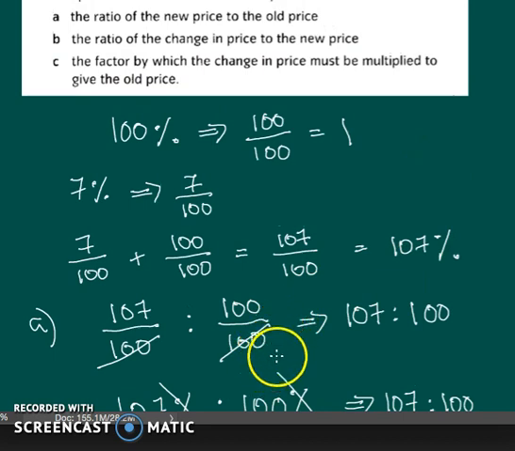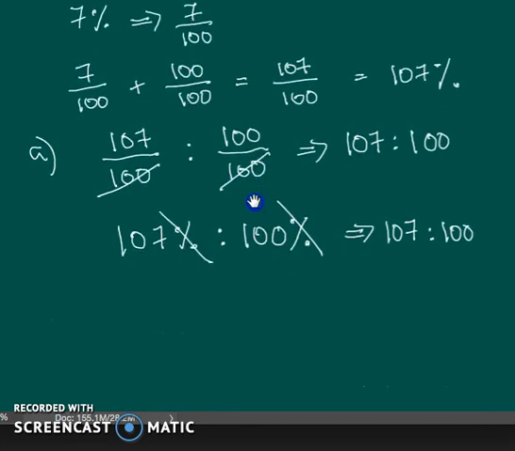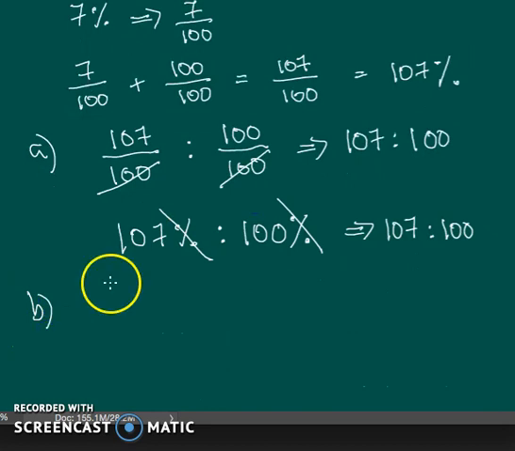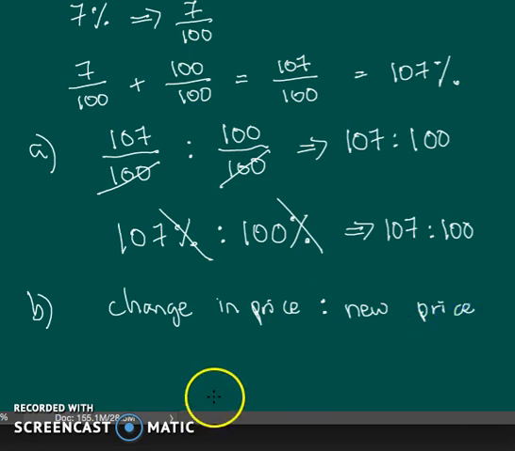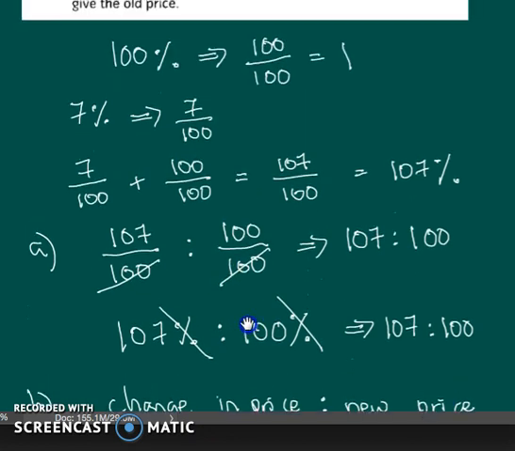Part B, the ratio of the change in price to the new price. So let's just write that down. Change in price to the new price. Well, what was the change in percentage? Let's look back.